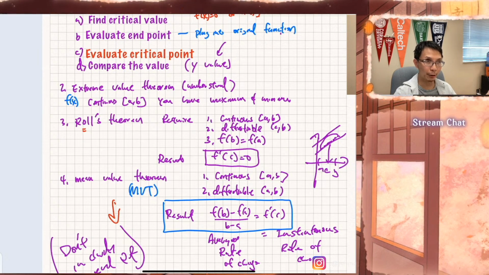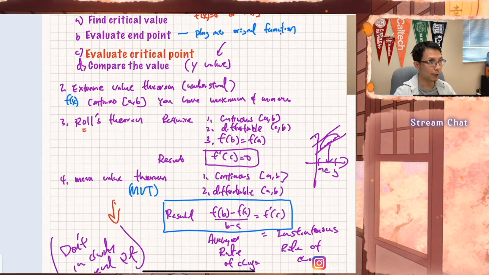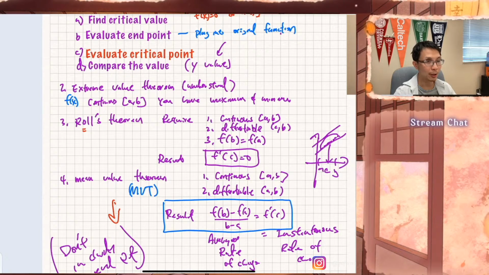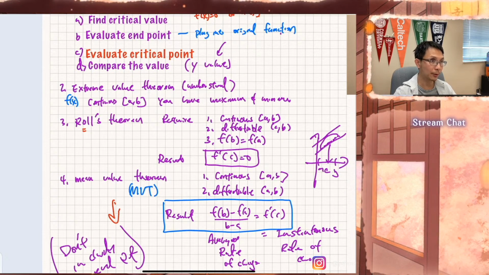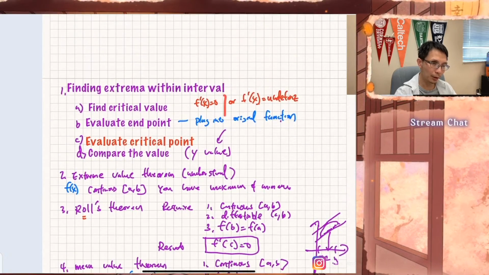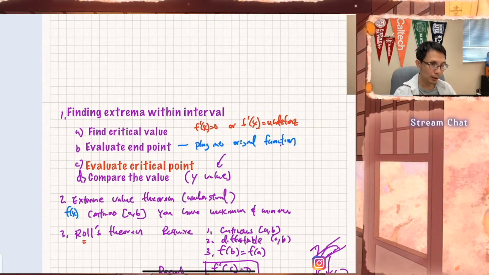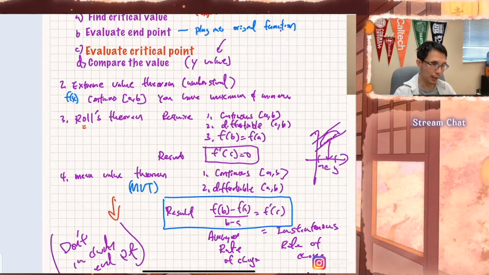It is a critical value, but it's not fulfilled in Rolle's theorem, because Rolle's theorem says it has to be differentiable. If it's undefined, then it's not differentiable. So this one has the critical value here. It has extra things like undefined, where Rolle's theorem does not. That doesn't work.